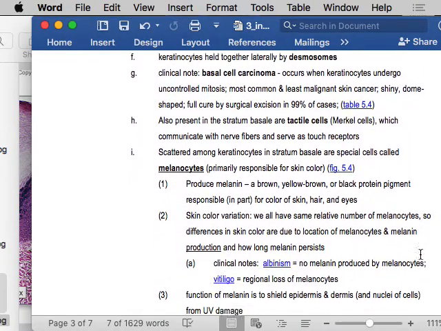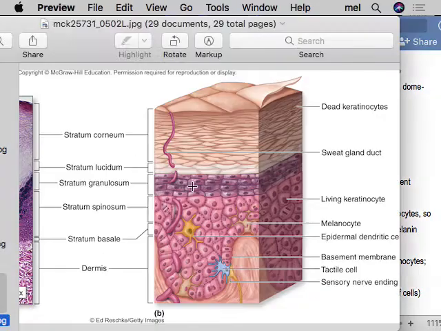Okay, now keratinocytes are held together laterally by desmosomes. And this matters because, if they were all made as a group, stuck together by desmosomes, they move up as a group. And not all the desmosomes break. That means that if I scratch my skin, which is actually not dry for once, you can see the dryness in your skin.